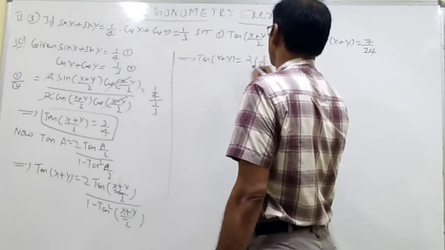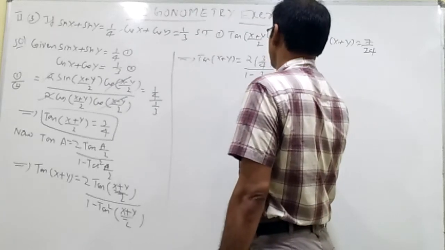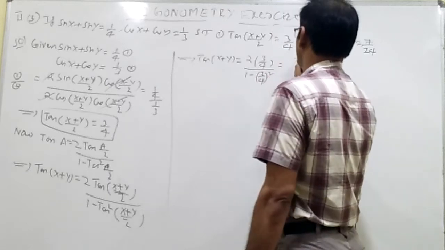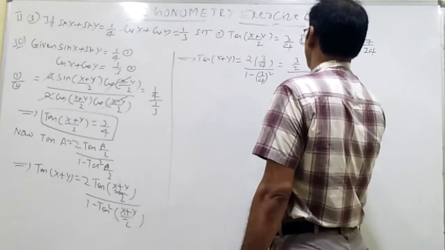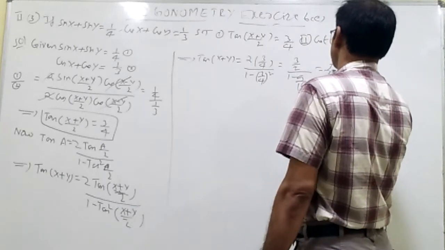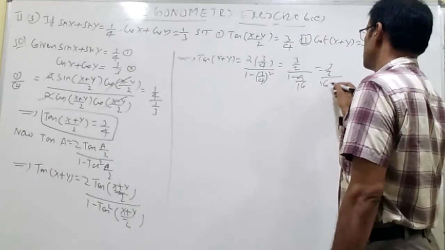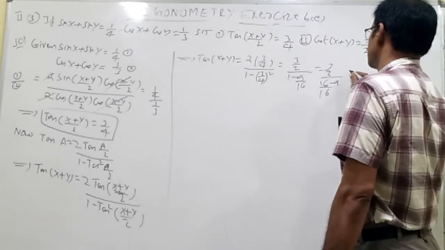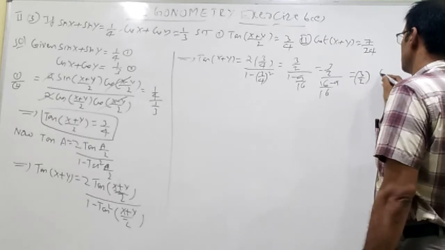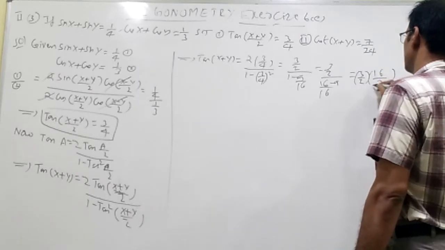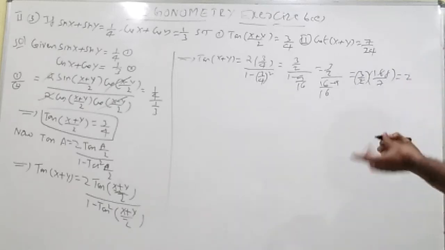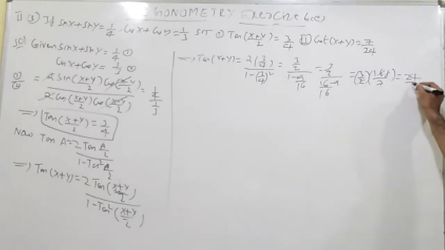Substitute the value: 3 by 2 by 1 minus (3 by 4) whole square, which is 3 by 2 by 1 minus 9 by 16. Taking LCM, 3 by 2 by (16 minus 9) by 16, which is 3 by 2 into 16 by 7. The 2 divides 16, 8 times 3, 8 threes are 24 by 7.